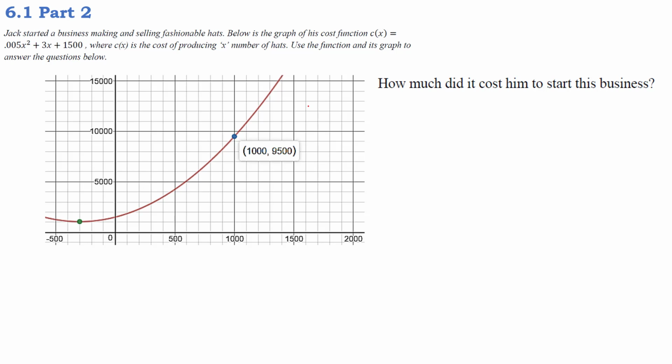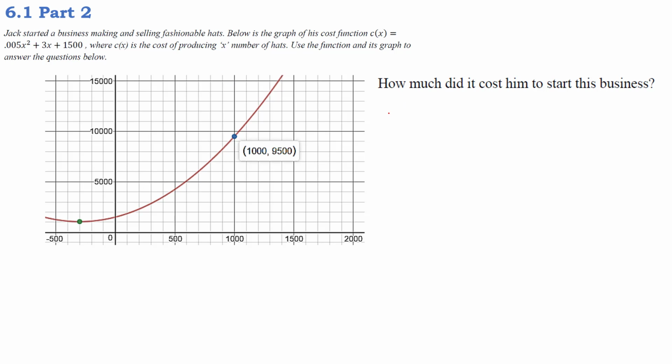So now, the same type of problem. How much did it cost him to start this business? So let's think about how much it cost for him to start this business. In other words, what are we going to look at? With this, you're going to look at the start of the business, in other words, 0 hats, right? Sold 0 hats. So for 0 hats, how much did he have to pay?